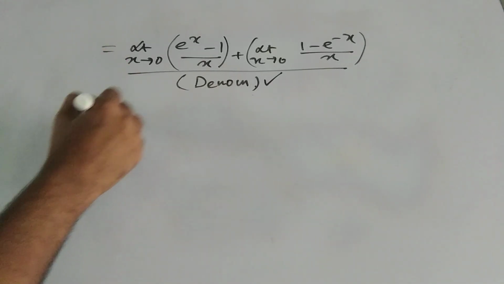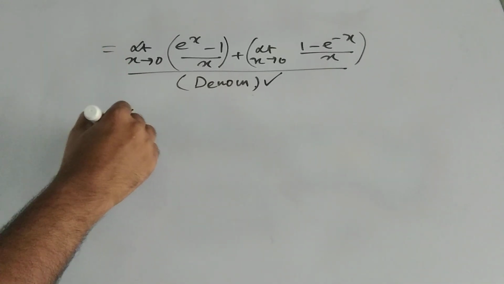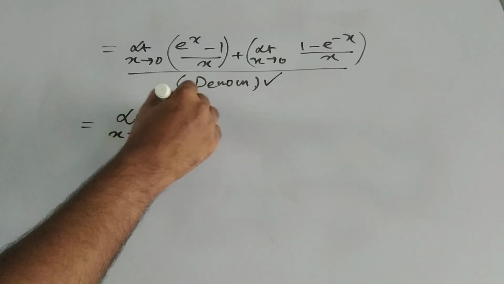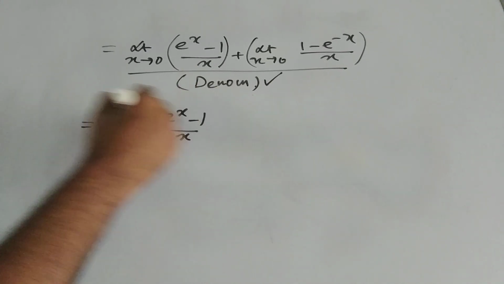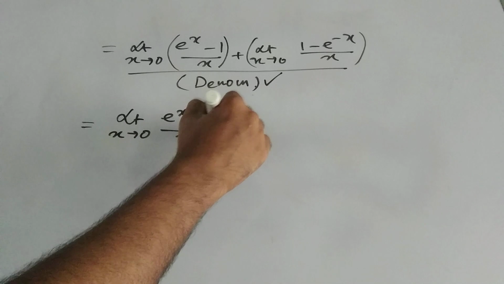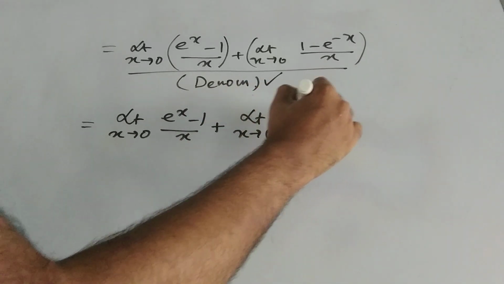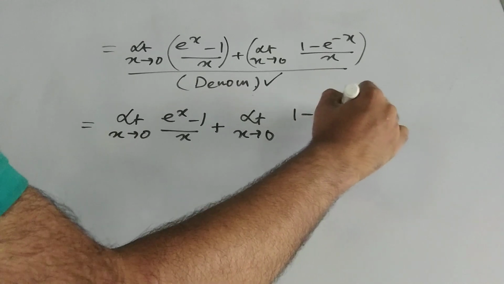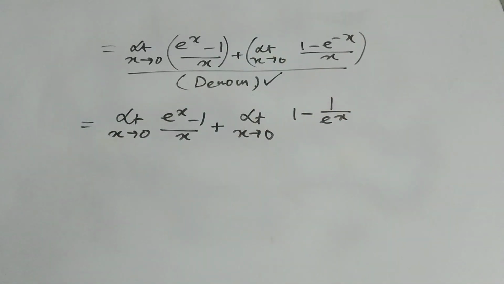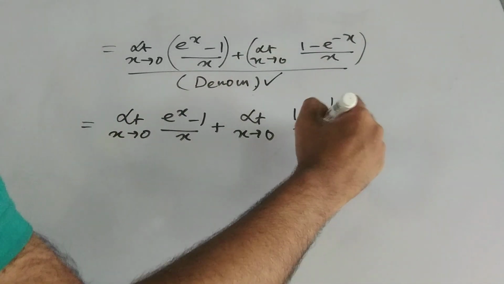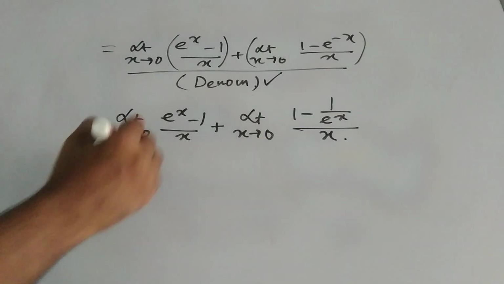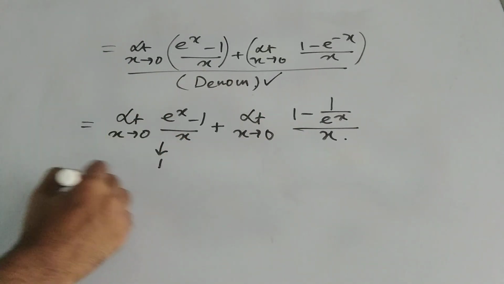So here I can write it as limit x tends to 0, e to the power x minus 1 divided by x. It is also a basic formula that is evaluated to 1. And limit x tends to 0, I can write it as 1 minus 1 by e to the power x, because e to the power minus x is nothing but 1 by e to the power x, by x, right? So this expression is 1.